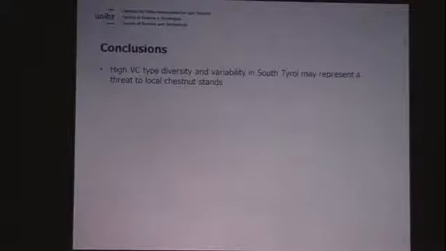So let's conclude the presentation. High VC type diversity of Cryphonectria parasitica represents basically a threat to the local chestnut trees. But anyhow, this study can serve as a basic point to apply biological control more effectively. EU1 and EU2 VC types, which were the most dominant VC types, show the relationship between Cryphonectria found in South Tyrol and Northern Italy, Switzerland, and Austria.